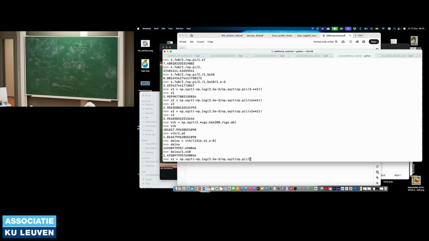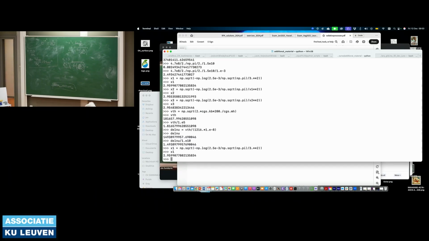So then we set that to be 3 in this case. I should have taken an x0, of course, there, but okay. And then we have x1 to be 2.96.